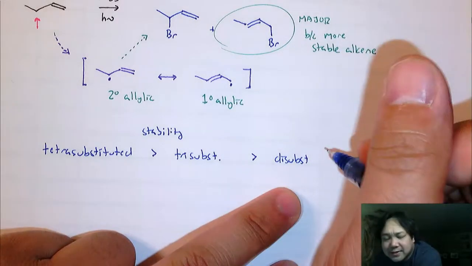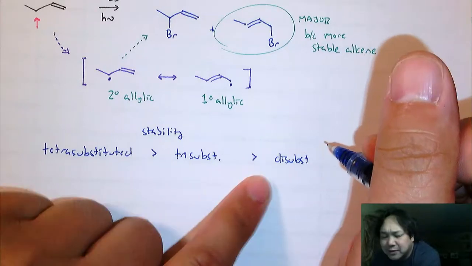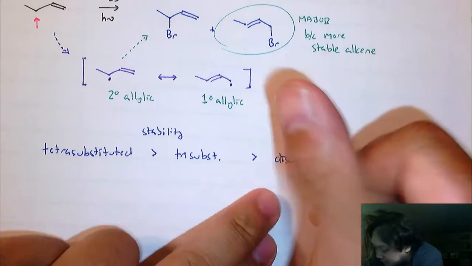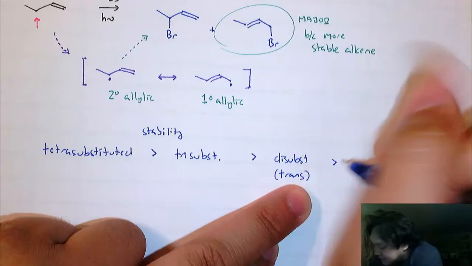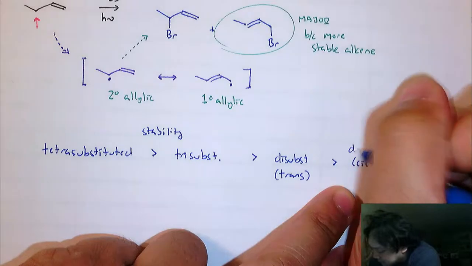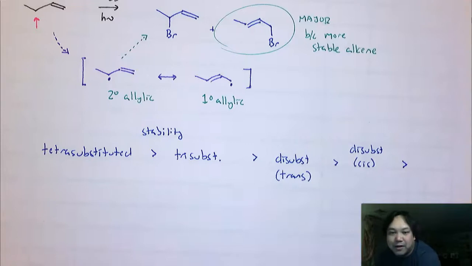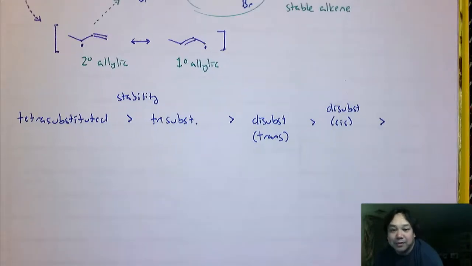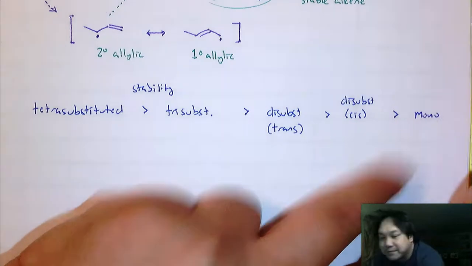In this case, I'm going from higher stability, so trans is more stable than cis, di substituted. Okay, followed by mono substituted. So what am I talking about?